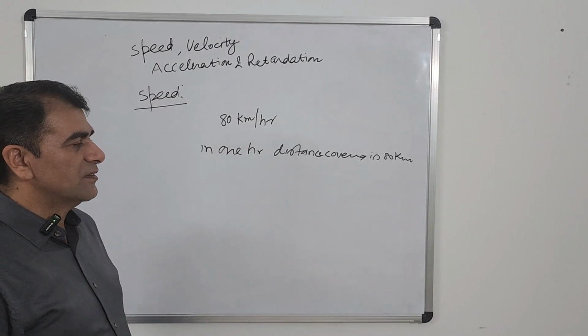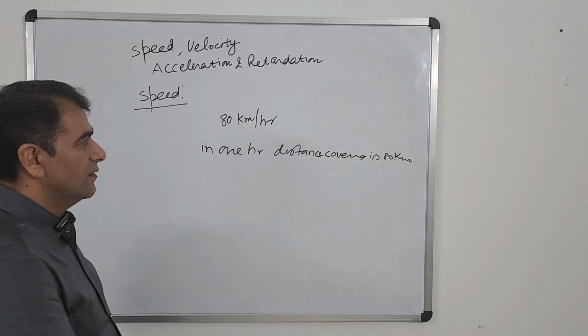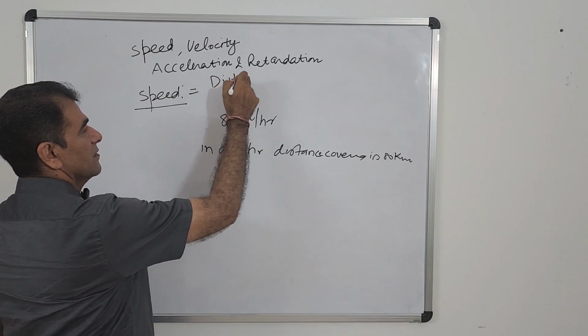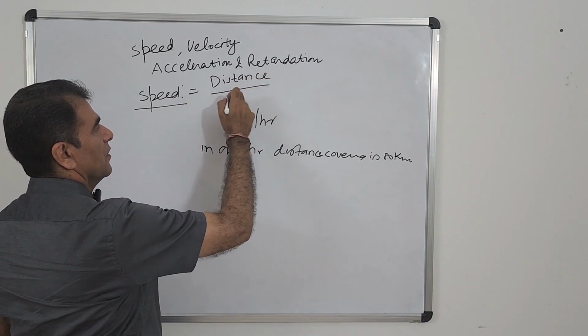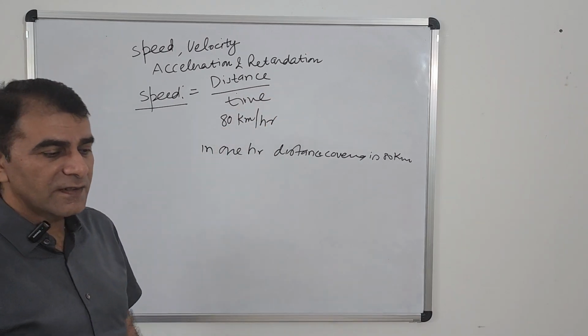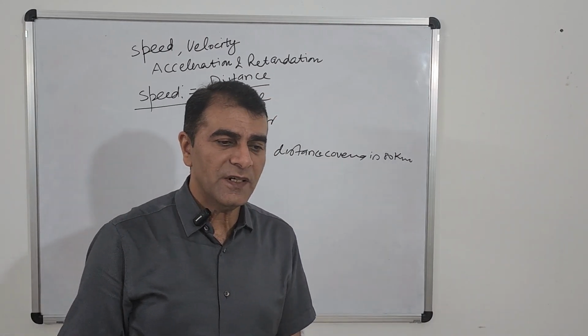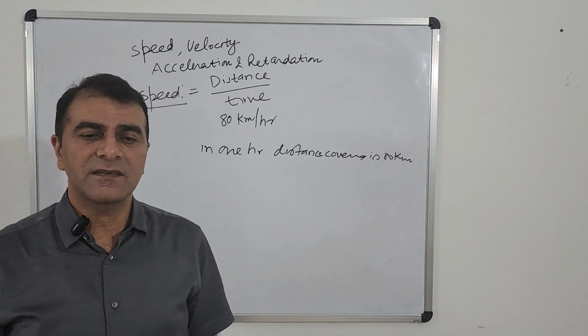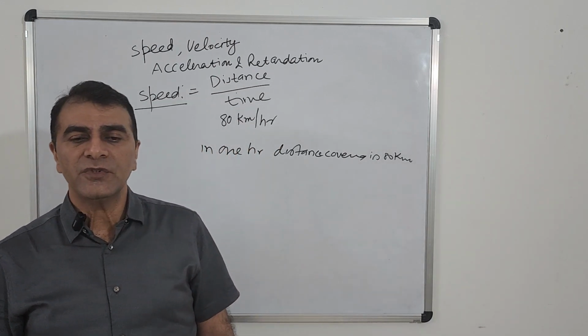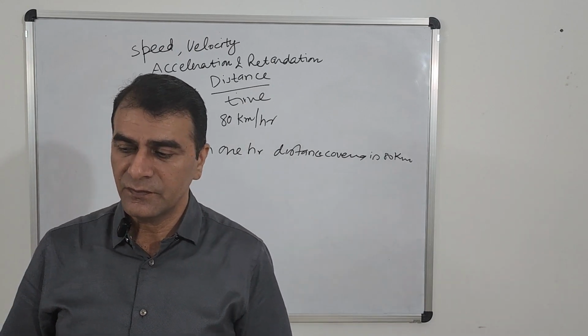So it's clear from this sentence that speed is nothing but distance divided by time. So we can define speed as basically the distance traveled by an object in unit time, right?